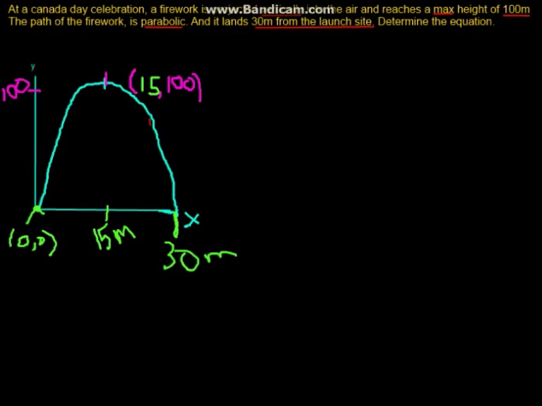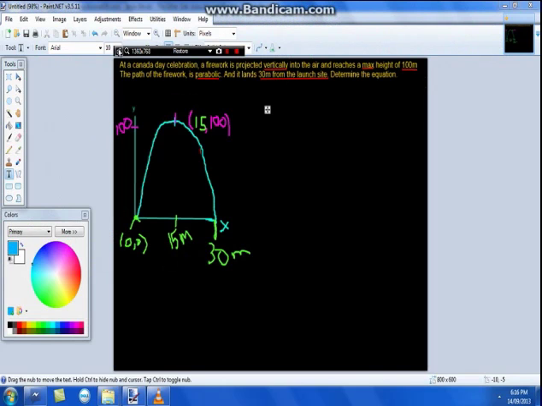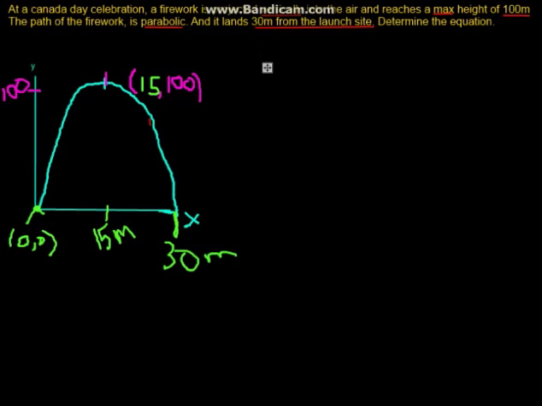Using the equation, the vertex form is y equals a bracket x minus p, whole squared, plus q. In this case, the p value is the x coordinate and the q value is the y coordinate.